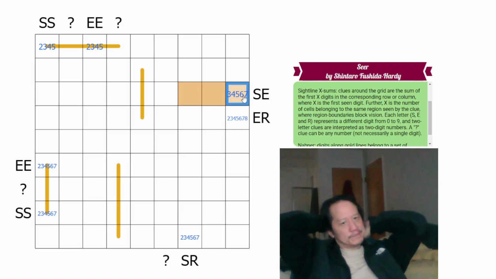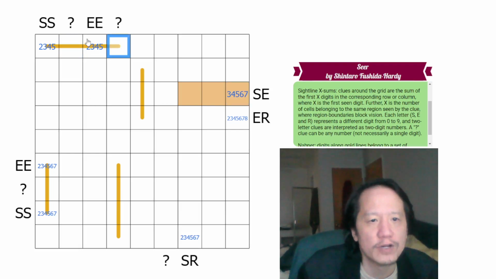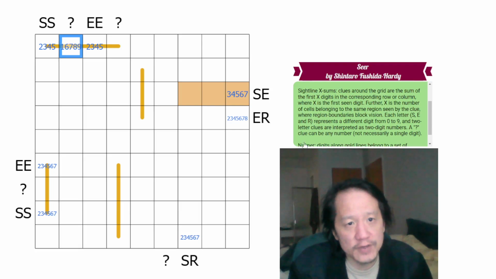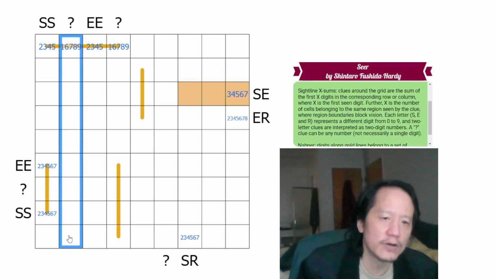You cannot have a 2, 3, 4, 5 in the rest of this Nabner line. Therefore, you have to have 1, 6, 7, 8, or 9 in these. Well, this can never be 9, because then that would eliminate all the cells.